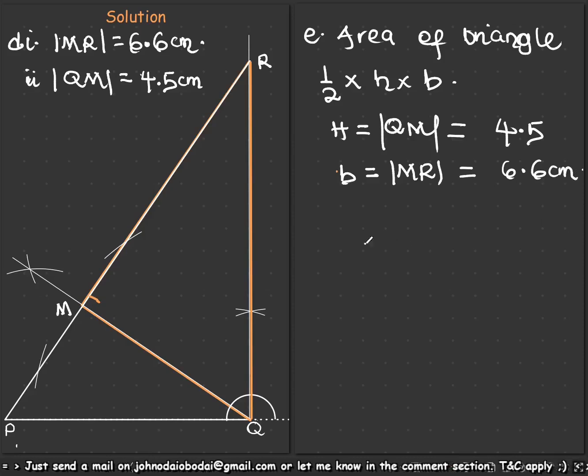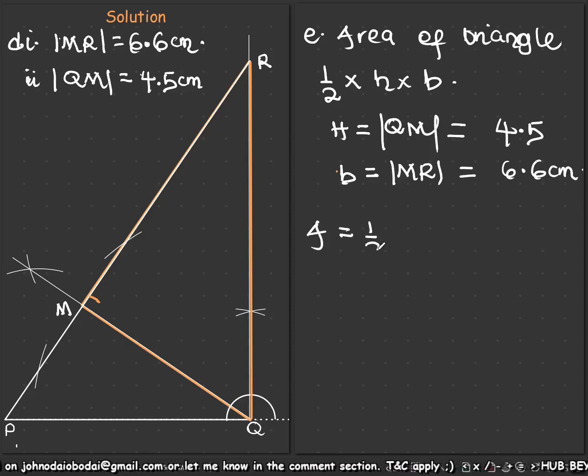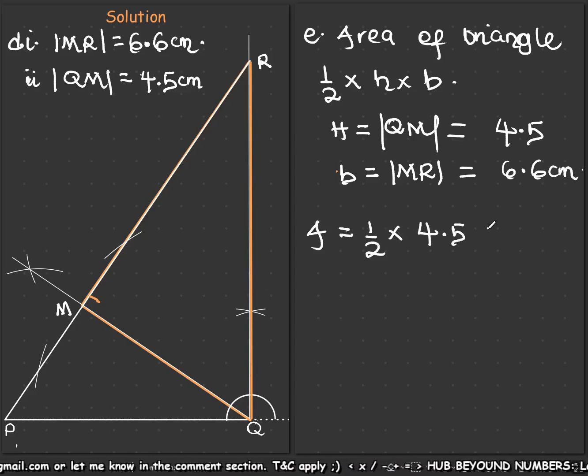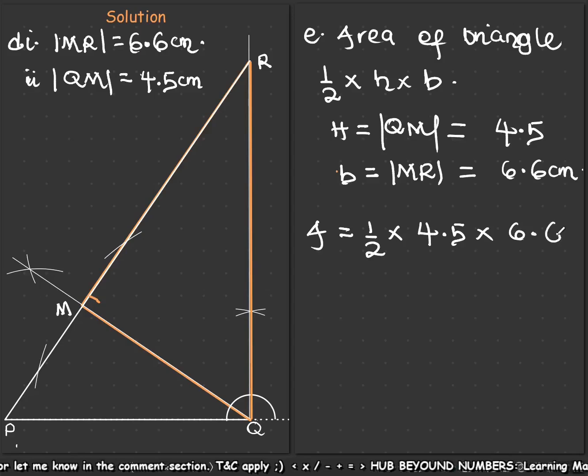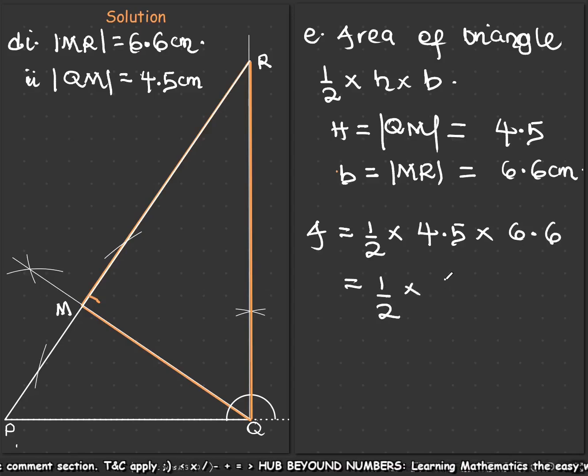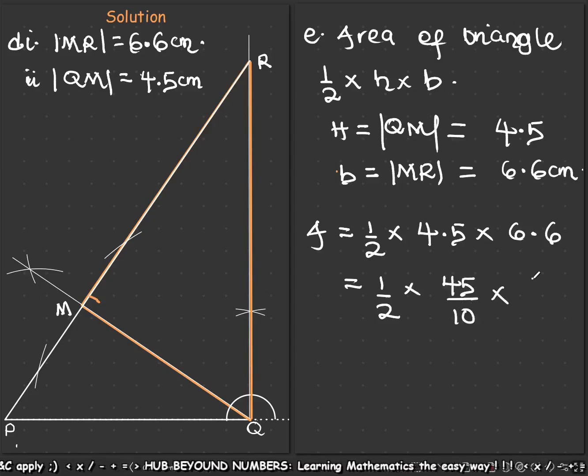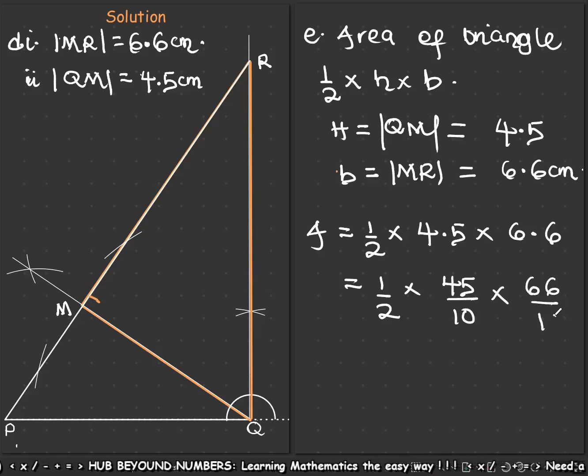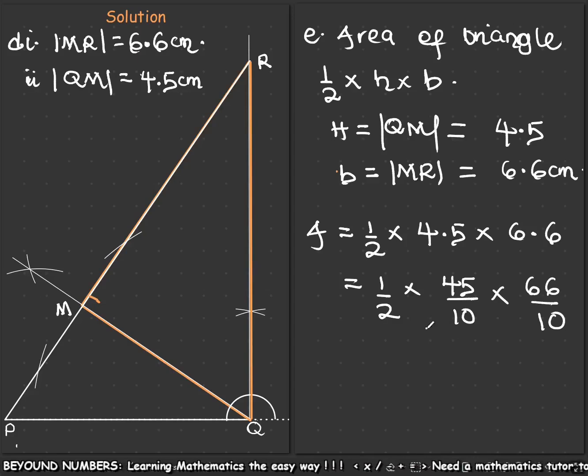So we then say the area of the triangle is 1/2 times 4.5 times 6.6. We can rewrite it as 1/2 times 45/10 times 66/10. This one can help us do our cancellation simpler.